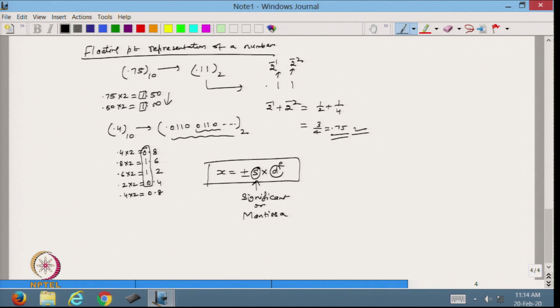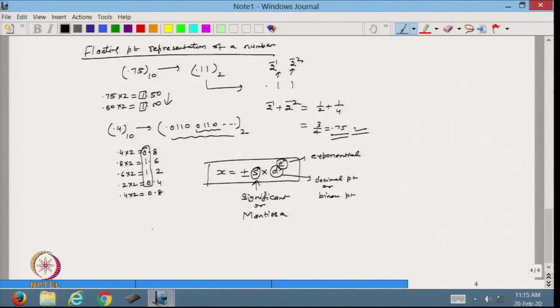So, that gives you the significand or mantissa. This gives you the decimal part or binary form, and that is the exponential part. In this case I can represent any number.